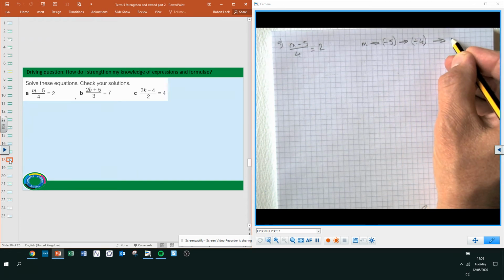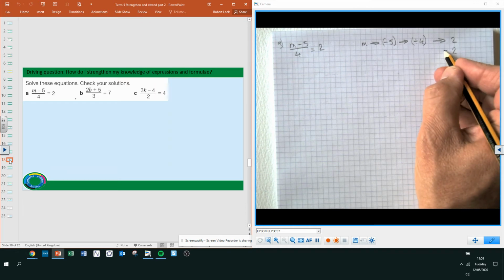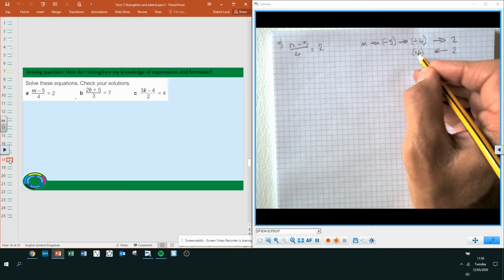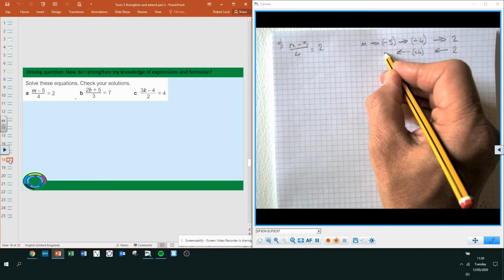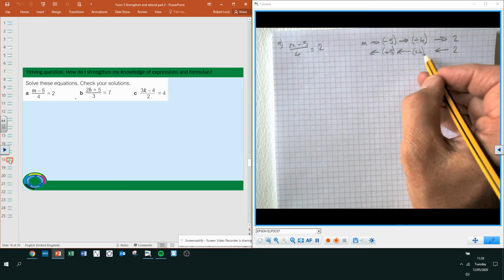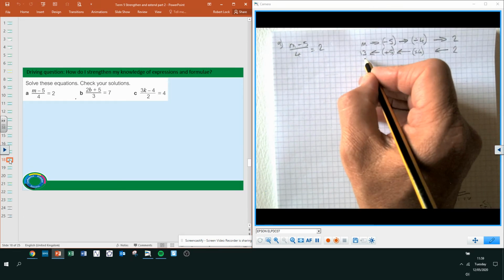And then we get the answer of 2. So we're going back on a little journey, backwards. What's the inverse to divide? It's times. So times by 4. And then we add 5. We find out what m is. So 2 times 4 is 8. Plus 5 is 13. So m is 13.